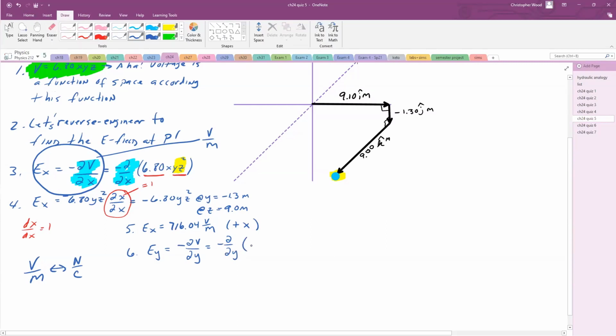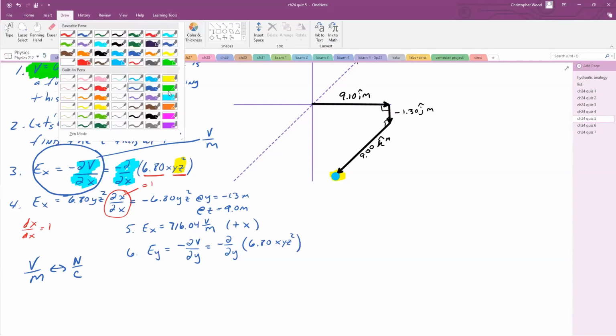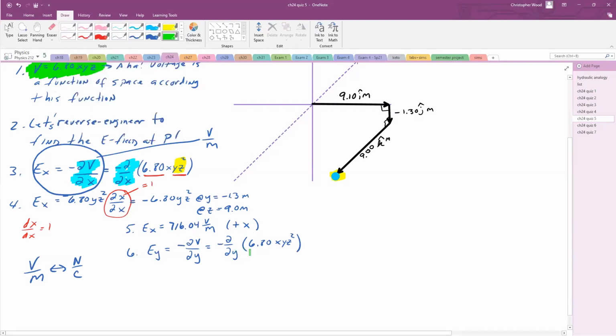My voltage function is still 6.80 x y z squared. In the case of partial derivatives, I'm saying, I don't care what's changing in the x dimension or in the z dimension. I only care about what's changing in the y dimension.